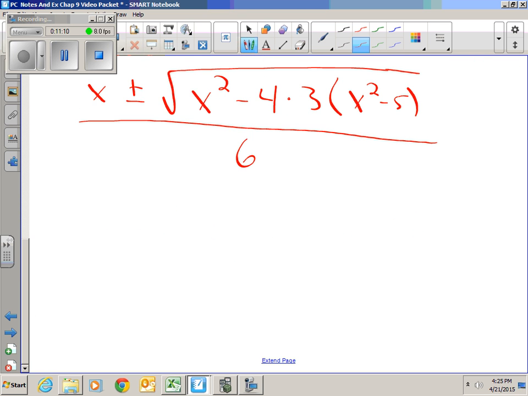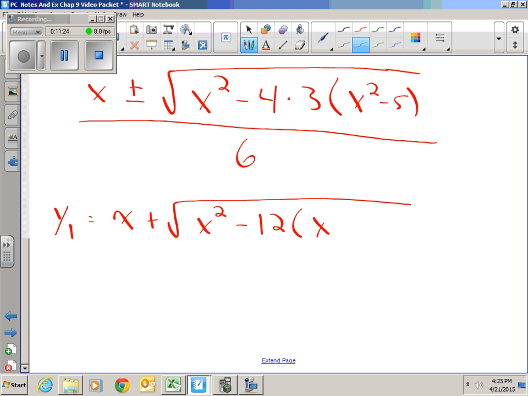So in our calculator, we are going to type in y1 is equal to x plus radical x squared minus 12 times x squared minus 5. And now be careful here, in your calculator, you actually need to put parentheses around that in the front, parentheses around that at the end of the radical.